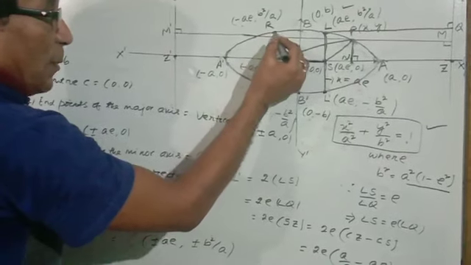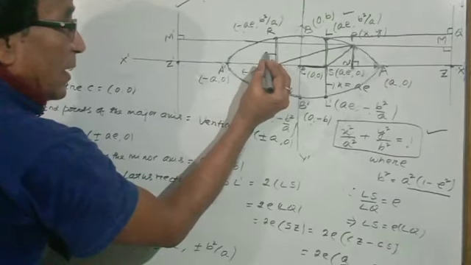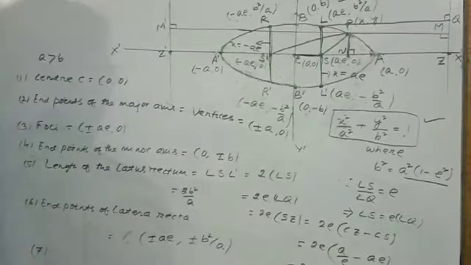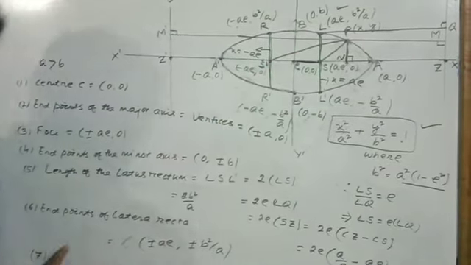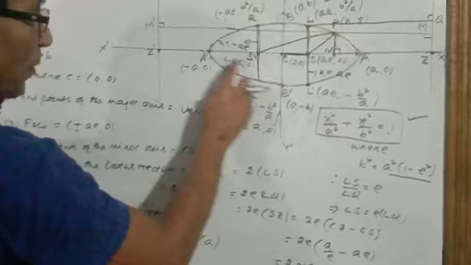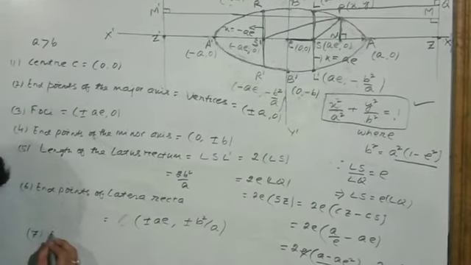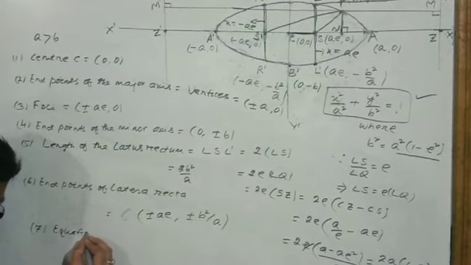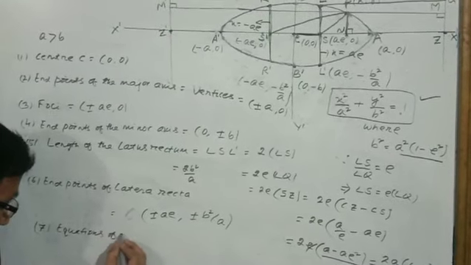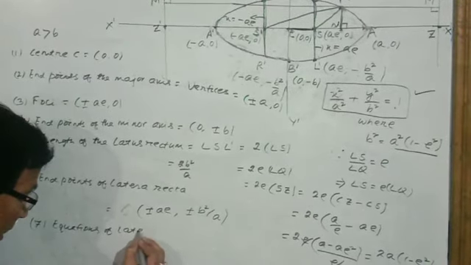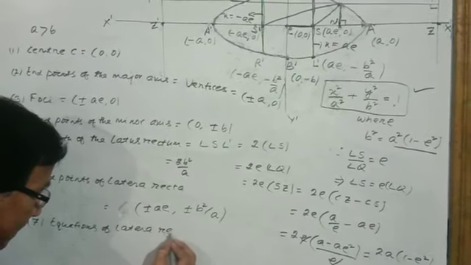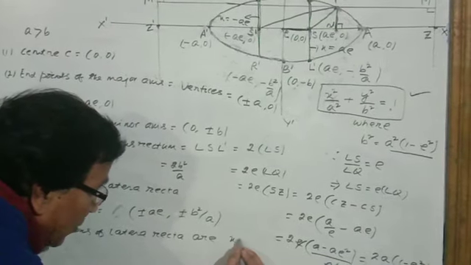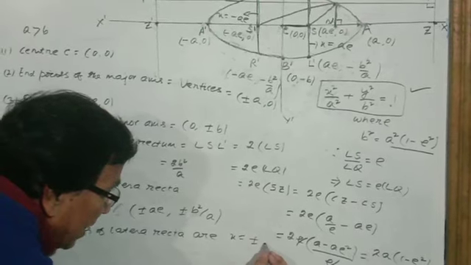The equation of the other latus rectum will be x is equal to minus AE. Hence we can say that the equations of the lateral recta are x is equal to plus minus AE.